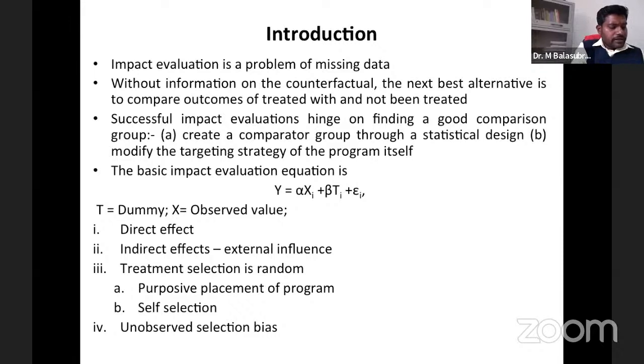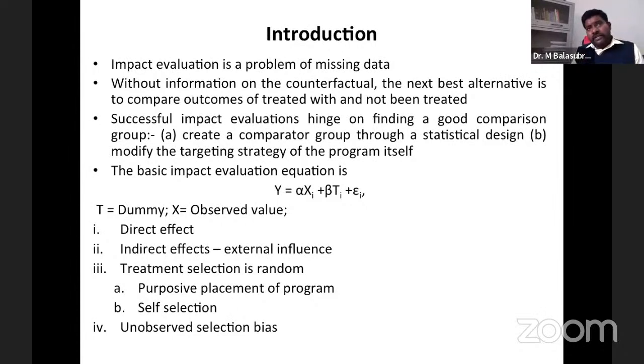What does counterfactual mean? A beneficiary's outcome in the absence of the intervention acts as the counterfactual, in any impact evaluation of programs, interventions or policy aspects. The challenge here is to find the appropriate counterfactual.